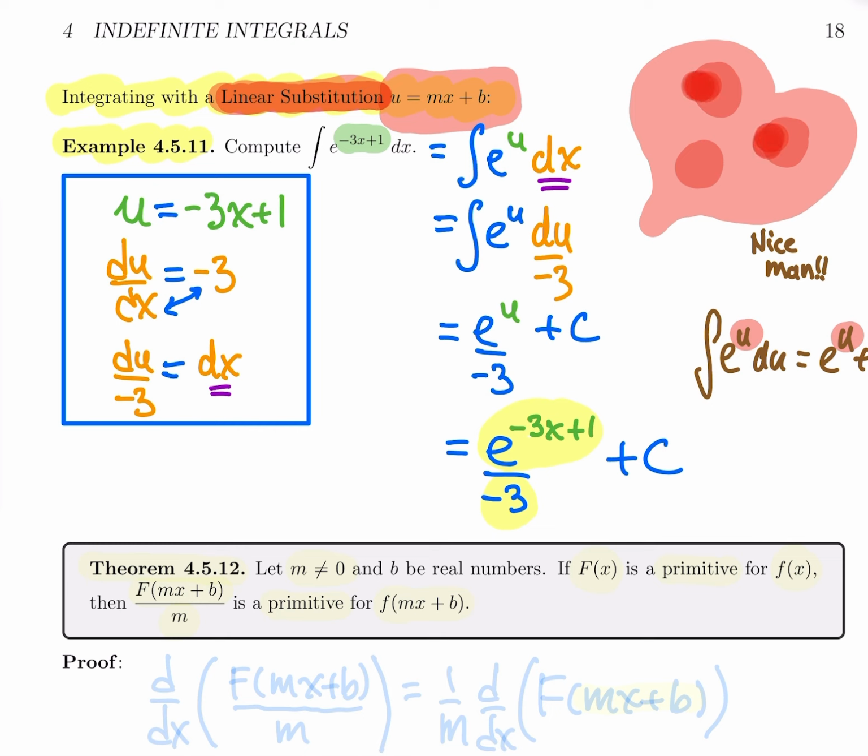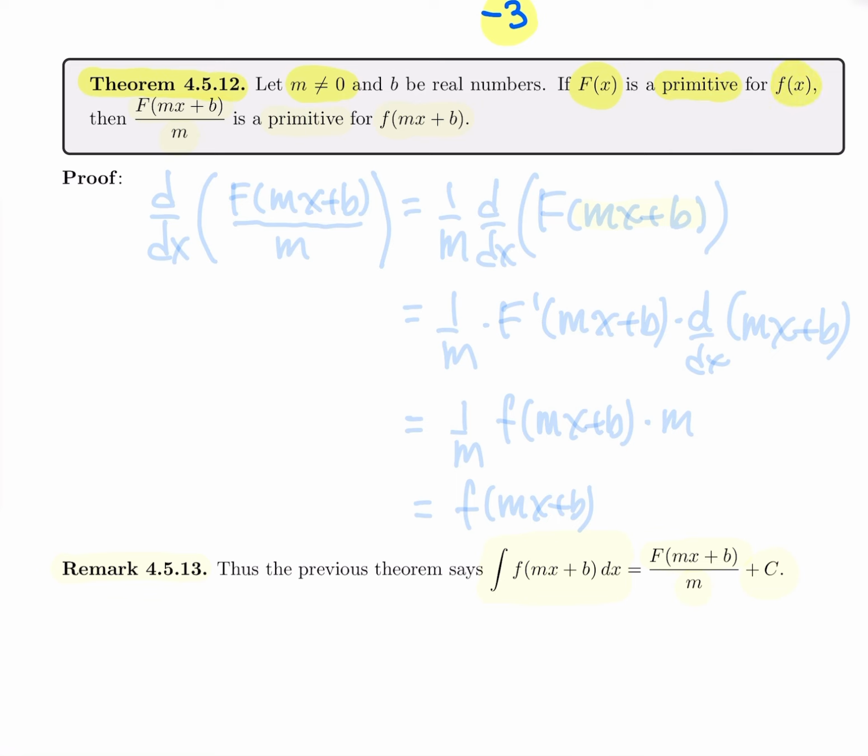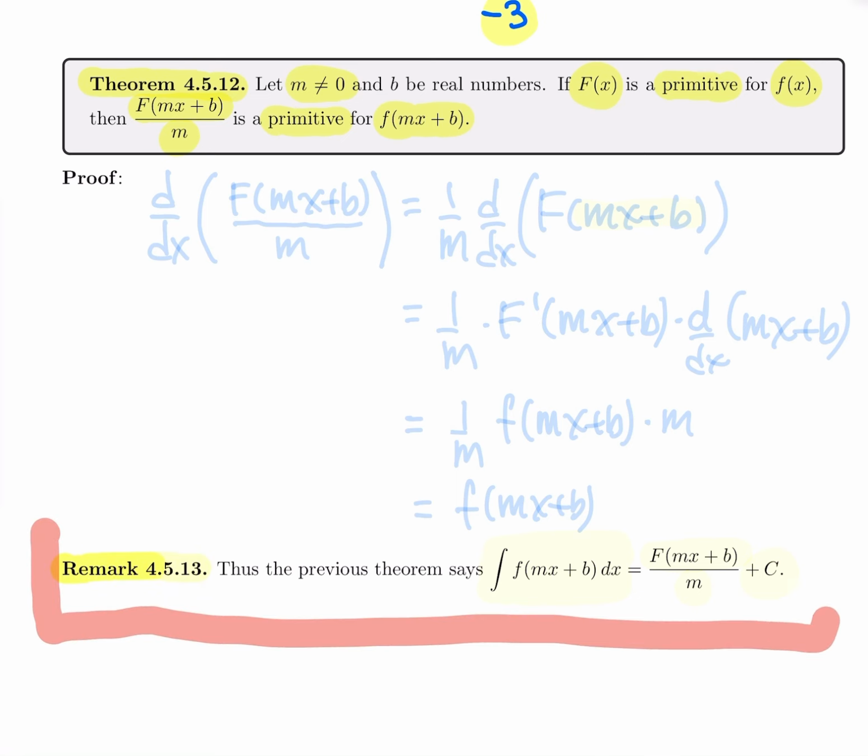If you have a linear function of the form mx plus b where m is not 0, suppose big F is a primitive for small f, then big F at mx plus b over m is a primitive for small f at mx plus b. This is better understood with this remark.